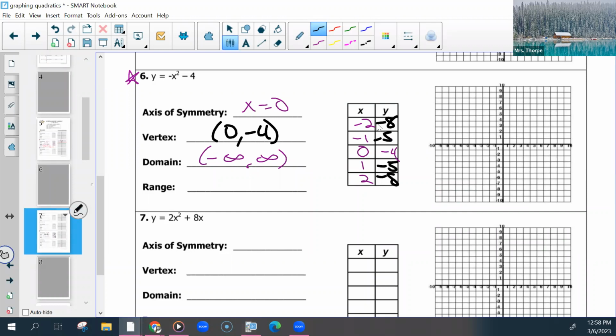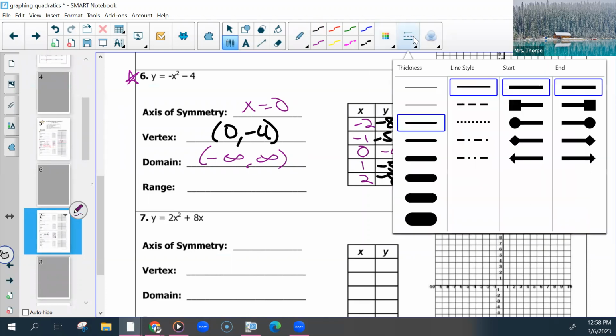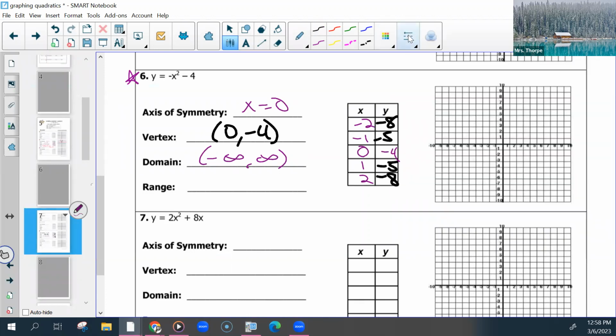Should have been 8. Then you can graph all those points. So it looks something like that.